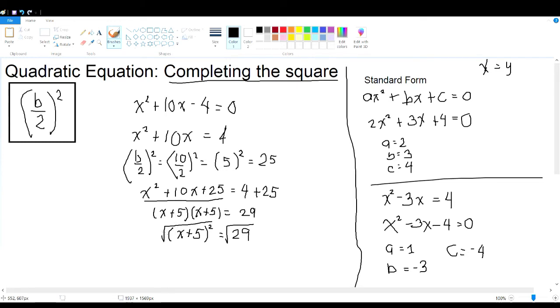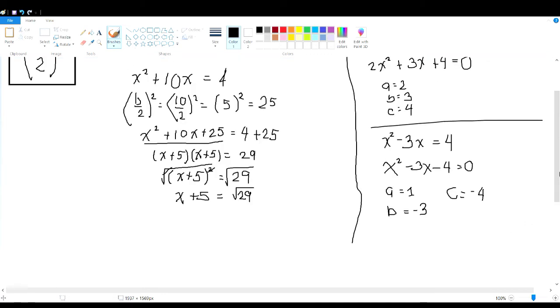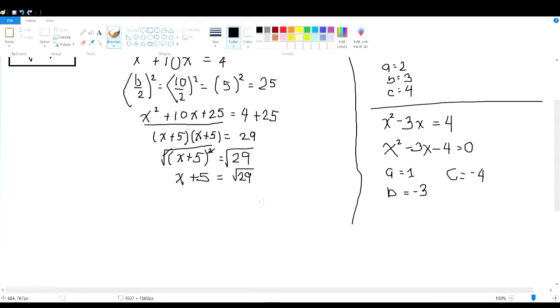Para makancel tong square root, makakancel tong exponent, ang matitira lang dito is x plus 5 is equal now to square root of 29. Next, since x plus 5 na yan, ito, pwede mo nang i-transpose sa kabila. You will be having x now is equal to negative 5.